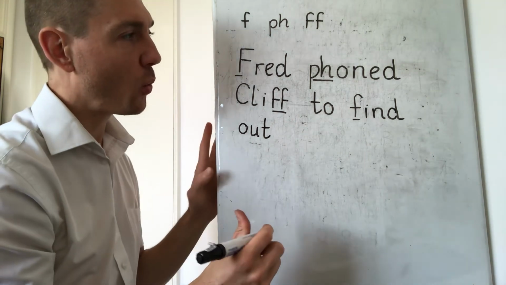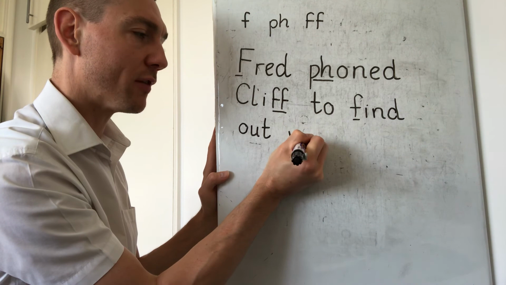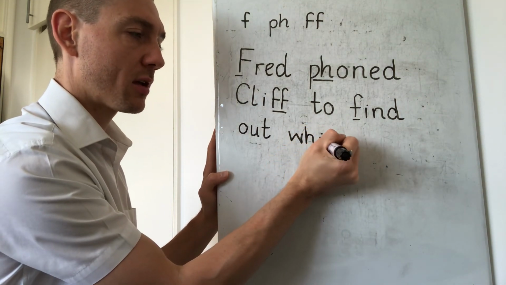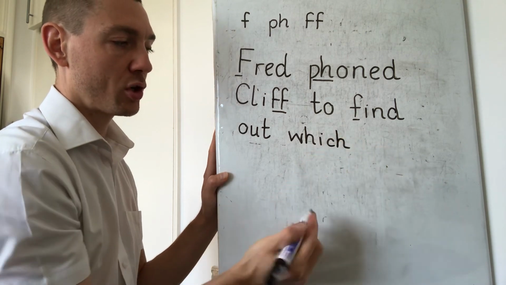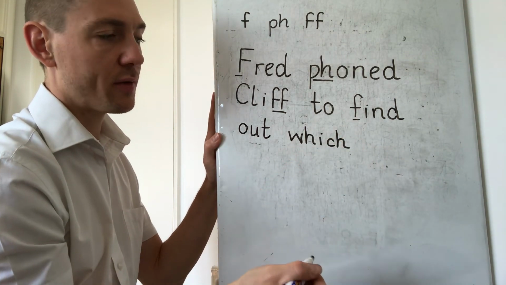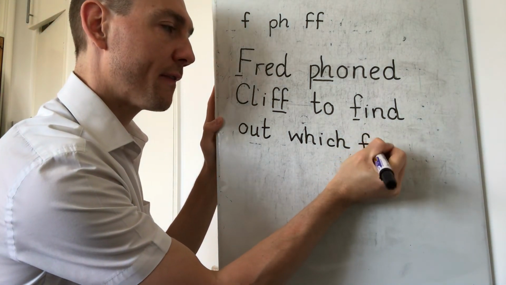Out. Which. To find out which. And it's this spelling of which. Ch. Which. To find out which fish. Fish.